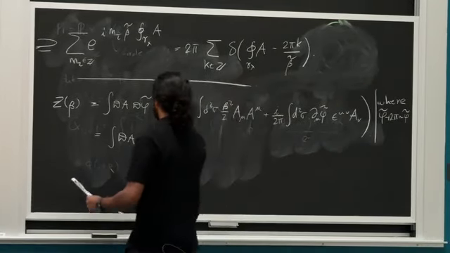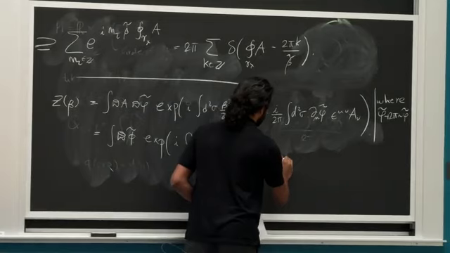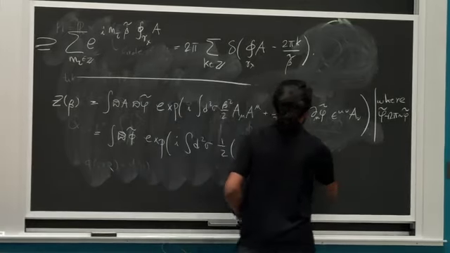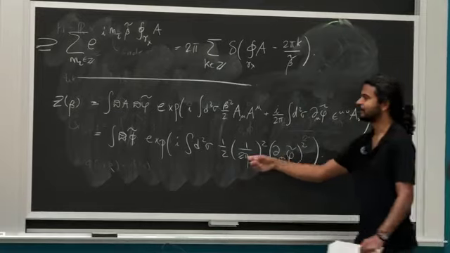So you do integration over A, integration over phi tilde is left, and what you would get is 1 by 2, 1 by 2 pi beta squared (d_mu phi tilde) squared. But of course, phi tilde is a dummy variable.